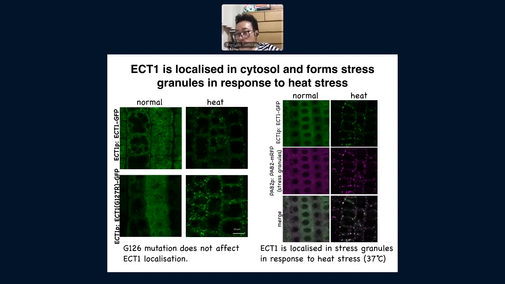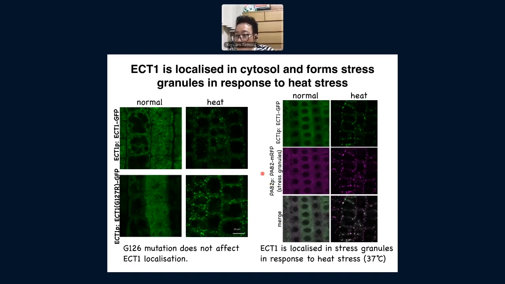Under normal growth conditions, the fluorescence of ECT1-GFP is dispersed in the cytosol. However, when plants are exposed to higher temperature for 30 minutes, both ECT1-GFP forms aggregates in the cytosol like this. And these aggregates are co-localized with PAB2-mRFP, which is a stress granule marker.